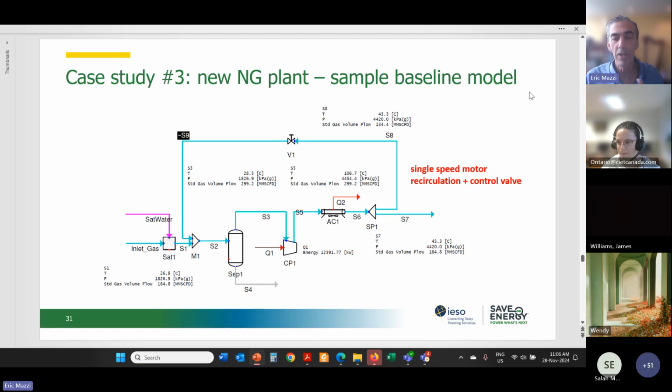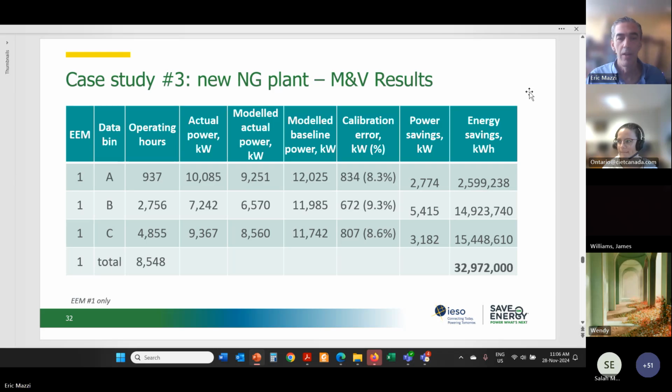If the compressor efficiencies change, then you change those in your baseline model. And then you come up with your modeled actual power, compare it to your metered actual power, then model your baseline, and your power savings are the difference between the calibrated model of the actual power and the modeled baseline power.